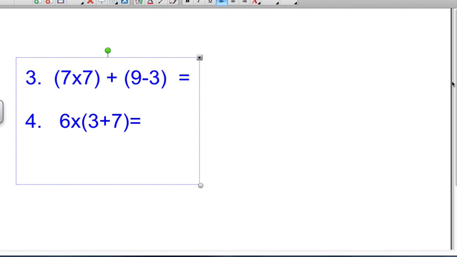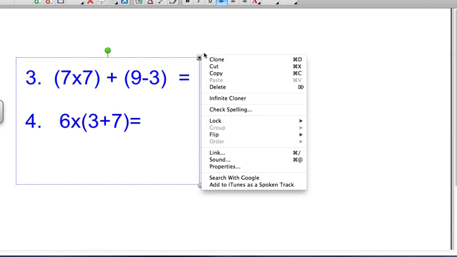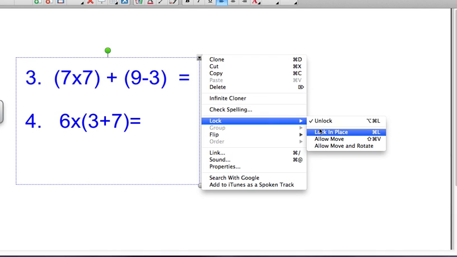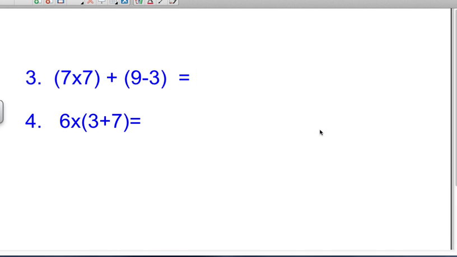Number 3, it is 7 times 7 in parentheses plus, in parentheses, 9 take away 3 equals what? Number 4, 6 times, and then in parentheses, 3 plus 7 equals what?